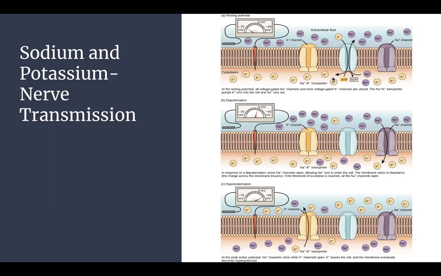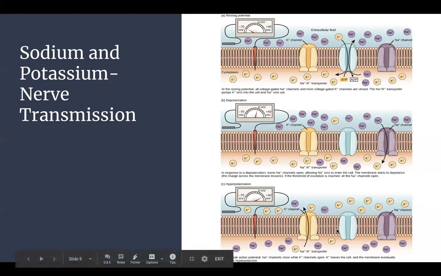At resting potential, or when a cell's at rest, the sodium-potassium pump is working as normal. However, when nerve cells need to send transmissions or muscles need to contract, the cell is going to become flooded with sodium, which creates excitability in the cell, and that's where the action potential occurs.